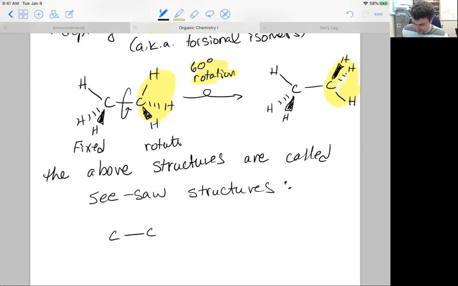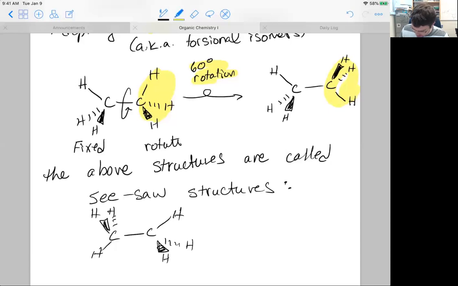I don't really know where the name comes from, but it's typically one where you've got two tetrahedral carbons where the wedges and dashes are pointed up and to the left on the left side or down and to the left. They're pointed in opposite directions. So the wedges and dashes are pointing in opposite directions.